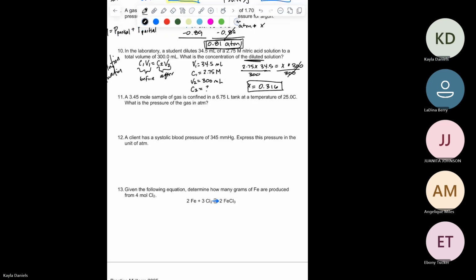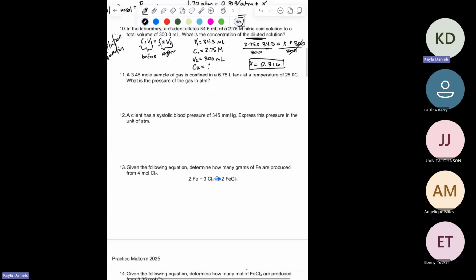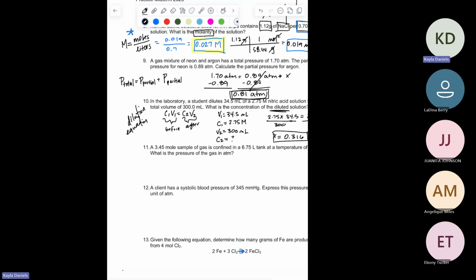11. All right, a 3.5 mole sample of gas is confined to a 6.75 liter tank at a temperature of 25 C. What is the pressure in atmospheres? All right, so there's a lot of stuff about gases. So if it says partial pressure, that's when you use Dalton's partial pressure law, which we just did in 9. If it has the word dilution, you're using the dilution equation that we did in 10.